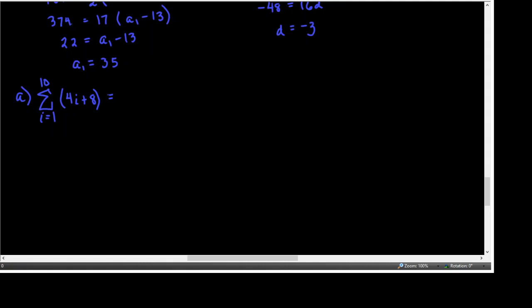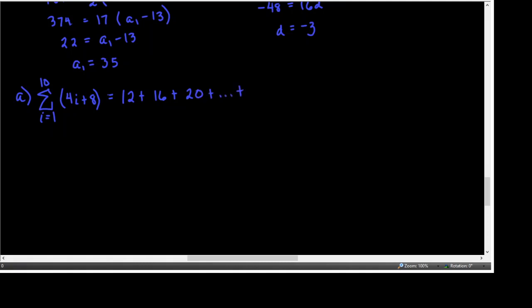But in case you don't get that, what you might want to do is substitute in a few and see what the pattern is. Putting in 1, 4 plus 8 is 12. Then putting in 2, 4 times 2 is 8 plus 8 is 16. Then putting 3 in, 4 times 3, 12 plus 8 is 20. Plus dot dot dot.